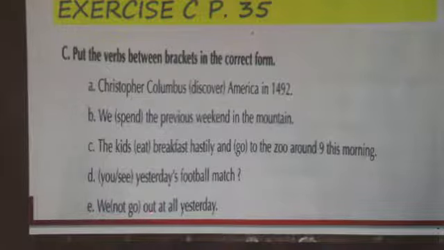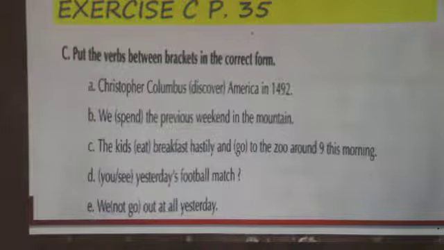out at all yesterday. So as a conclusion, all the verbs which are in this exercise are going to be put in the simple past. And as you know, we use the simple past tense to talk about an action that took place in the past and it is over in the past. Concerning the forms of verbs, as you know, we have two types or categories of verbs. We have regular verbs, okay?